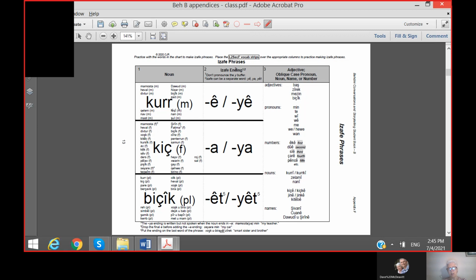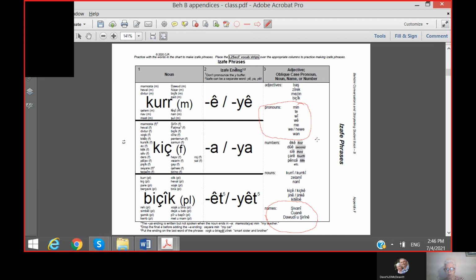All right, so you can use this. And this time, you're going to use these. Sorry, my mouse isn't working very well again. You're going to use these pronouns, which are in the oblique case. Or you're going to use these nouns, which have oblique case endings on them. Or you're going to use these names, which have oblique case endings on them.